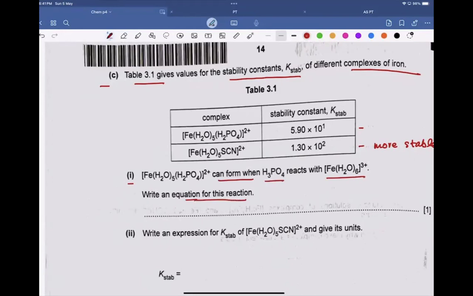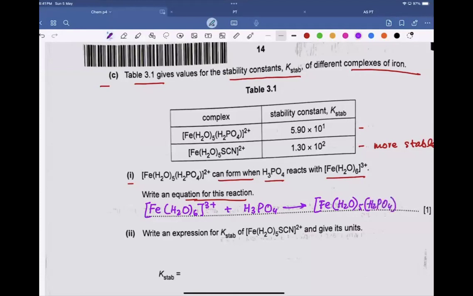Okay, so it's very simple, because if you see, they are telling you that phosphoric acid H3PO4 is reacting with this hexaaqua complex. So I will write it over here and then H3PO4, right? And then over here Fe, and I will write this complex [Fe(H2O)5(H2PO4)]2+.